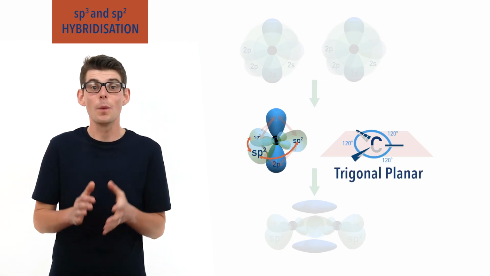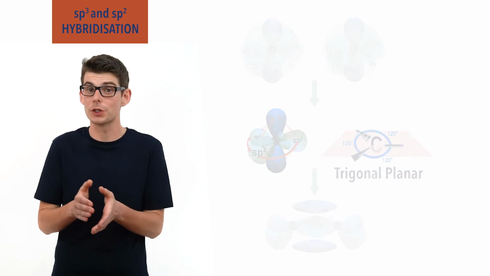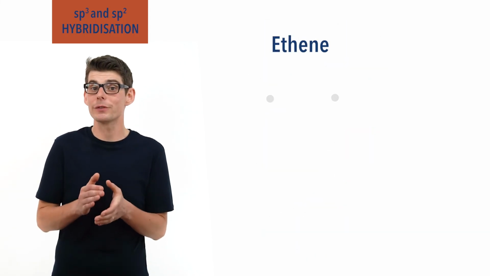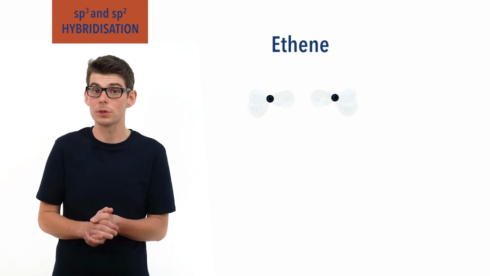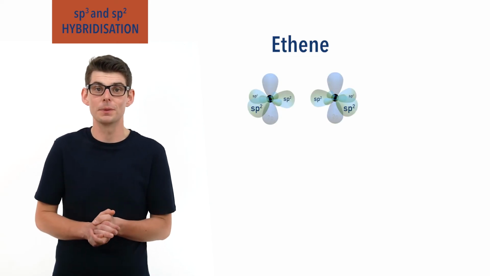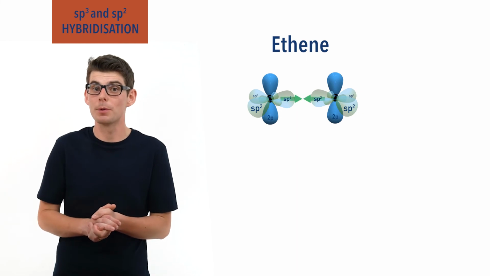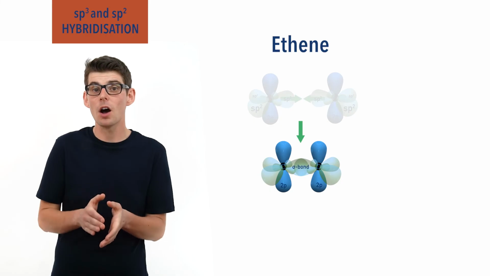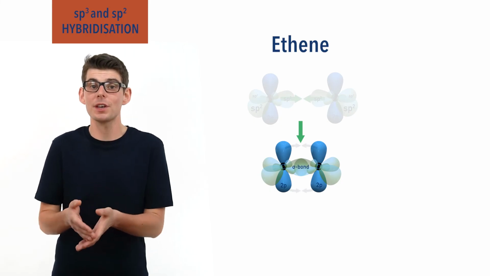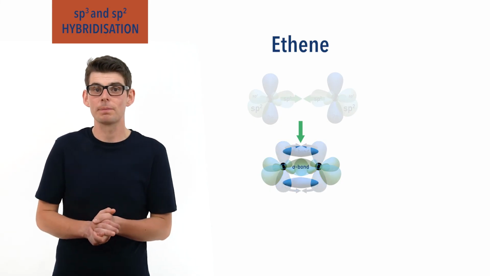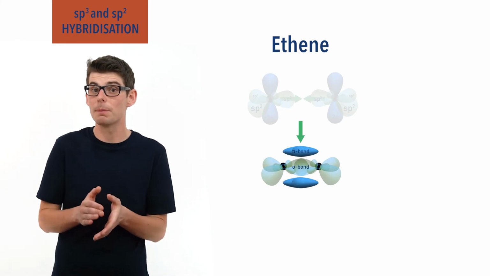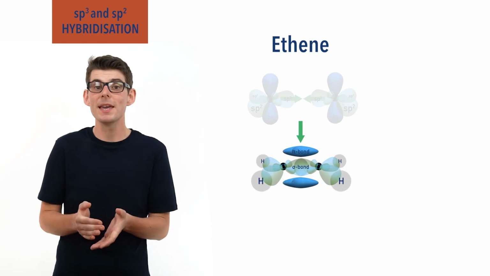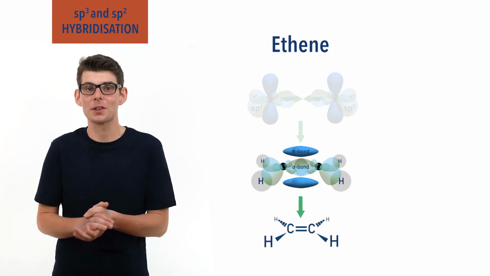For example, when 2 carbon atoms double bond together and form the molecule ethene, each carbon atom has 3 sp2 hybrid orbitals and a half-filled p orbital. 2 sp2 hybrid orbitals make up a sigma bond between the carbon atoms, and their half-filled p orbitals overlap sideways to form a pi bond. 2 hydrogen atoms are sigma bonded with the other sp2 hybrid orbitals on each carbon, making up the C2H4 molecule.